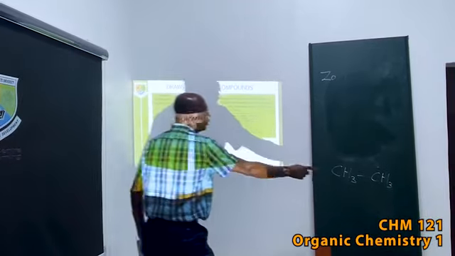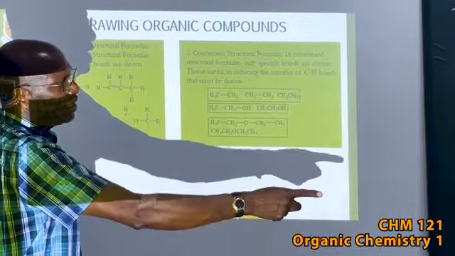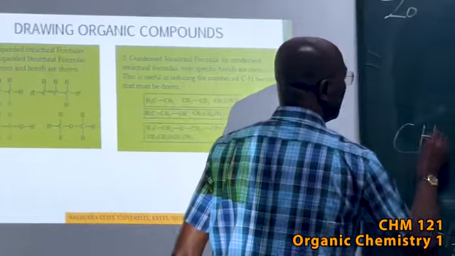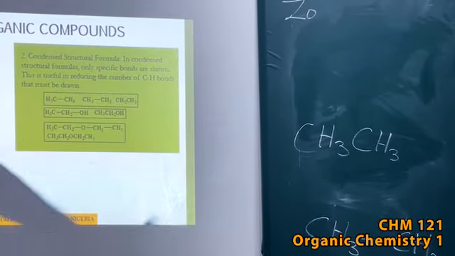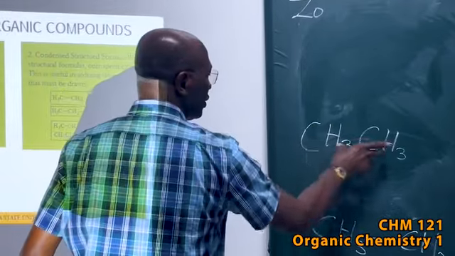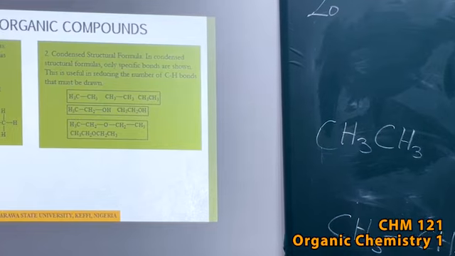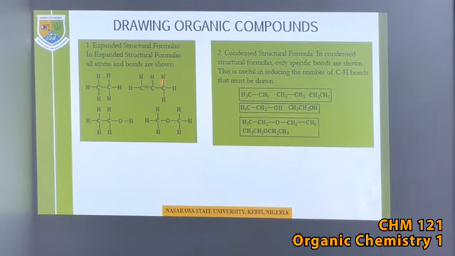So we can even reduce this further, as you see here. Instead of CH3 bond CH3, we can just write CH3CH3, as long as we agree that once it's put this way, it also represents the bond between them. Okay? So we have this expanded structure where we show everything.